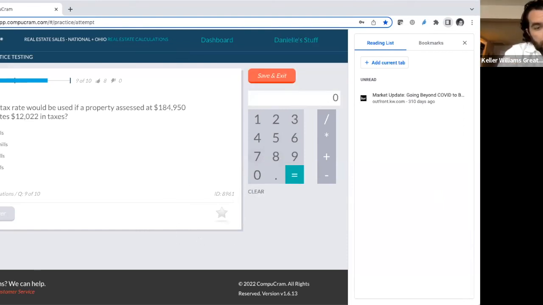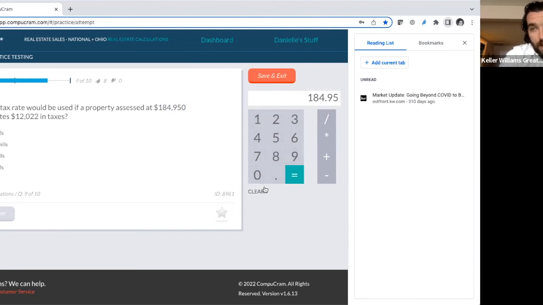All right, so when we look at the answers, we see that it is going to be in mils. We have an assessed value already of 184,950. Knowing that we're dealing with mils, we divide that by 1,000. That's what you do with assessed values when you see mils. That means each mil is worth $184.95.